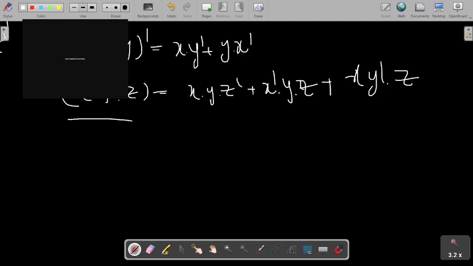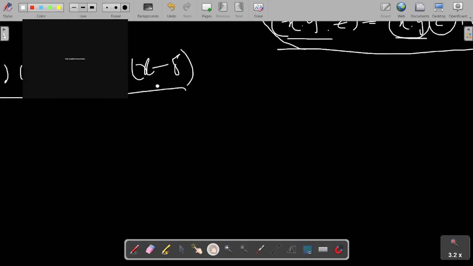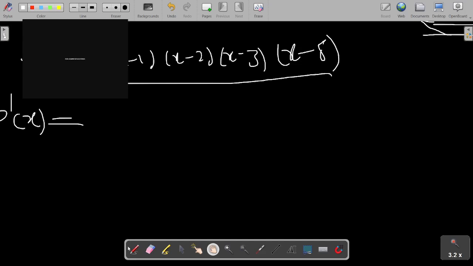If you notice the pattern, we are adding, and we are only finding the derivative of one, then the second, and then the third. So for 4 variables also we need to do it that way.